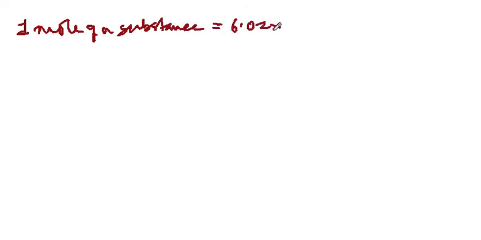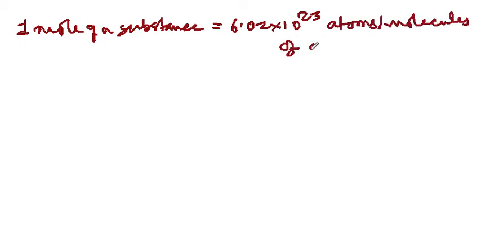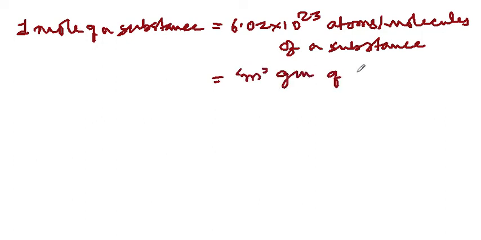So what we know is 1 mole of a substance equals 6.02 into 10 to the power of 23 atoms or molecules of a substance, and that equals the molecular mass of a substance.